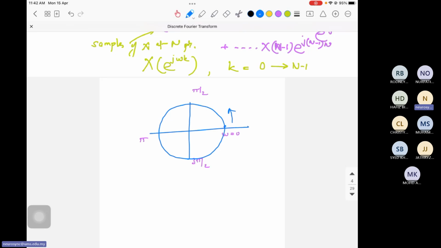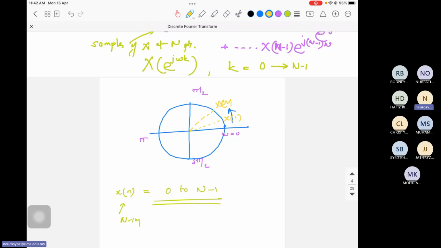Now suppose I have a sequence x of n, with n going from 0 to N minus 1, which has N number of samples. So I can make N number of parts of this circle. I will say that x of 1 will be here, x of 2 will be here, like this.